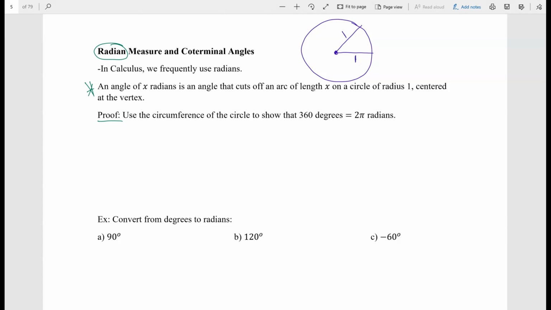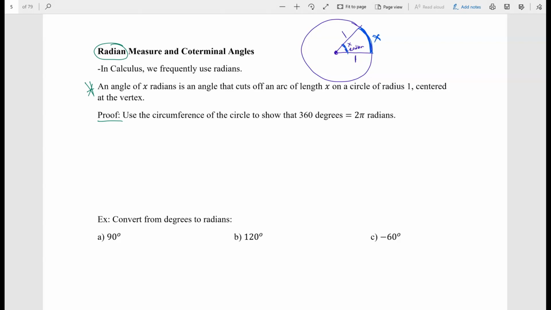Basically we say that this angle is x radians if the length of this particular arc is also x. So x radians is an angle that cuts off an arc length of x. That's basically what a radian is.